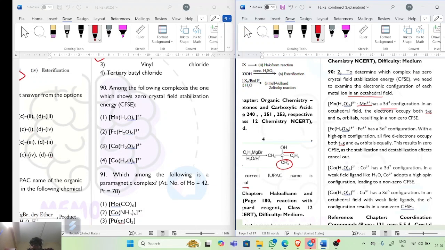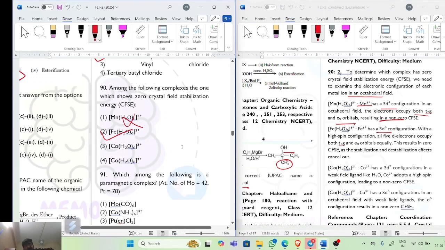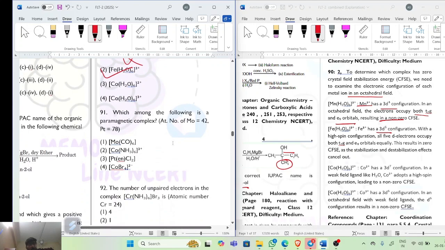In an octahedral field it occupies both t2g and eg, resulting in non-zero CFSE. So option number 1 is not possible. The next has a d5 configuration with high spin, meaning the five d electrons occupy both t2g and eg equally. This results in zero CFSE, so option number 2 is our correct answer. Similarly, we can find the oxidation state, then the electronic configuration, and answer the question very easily.